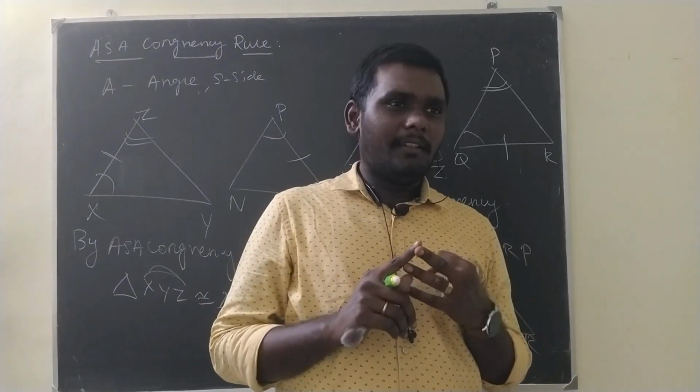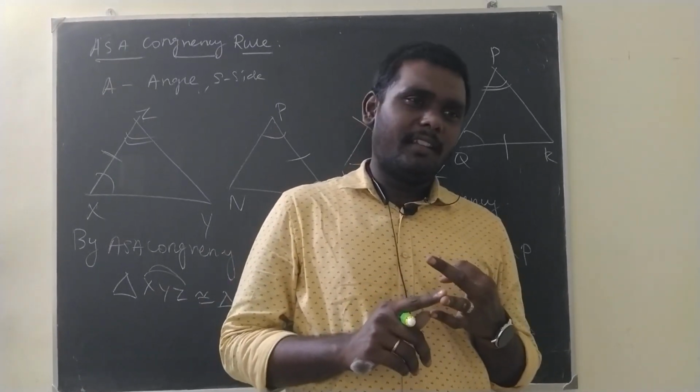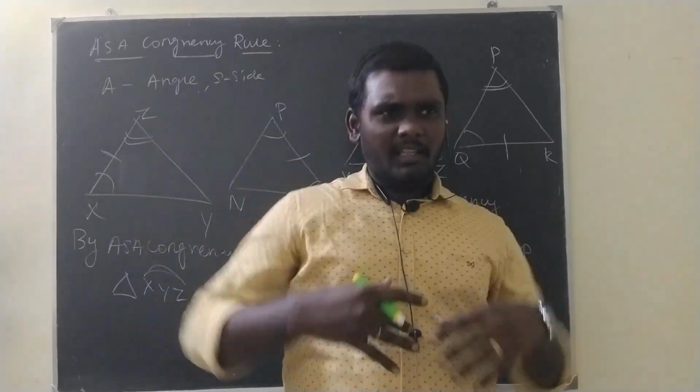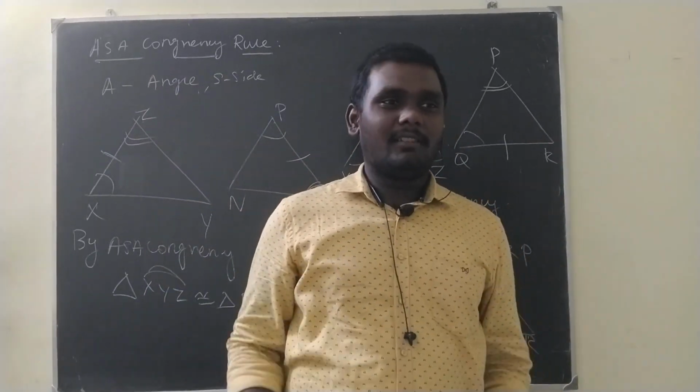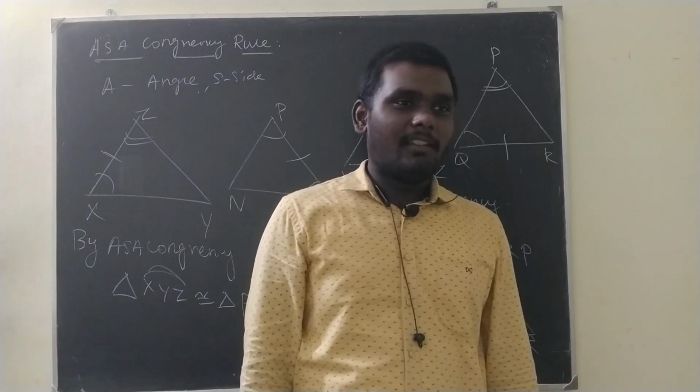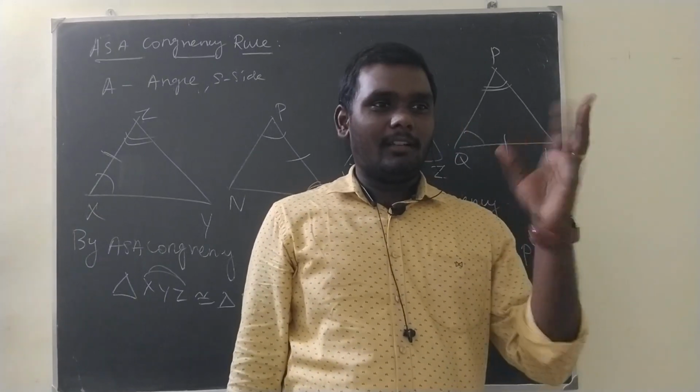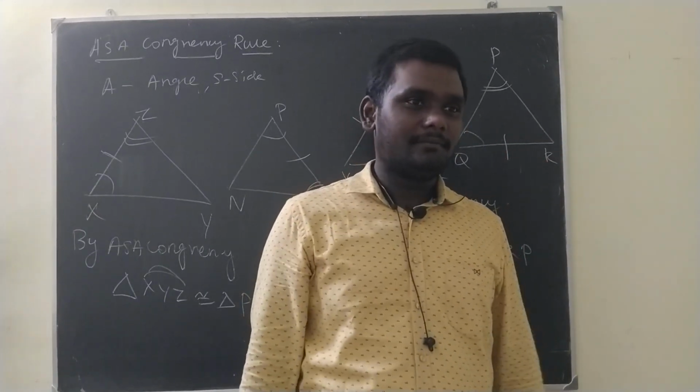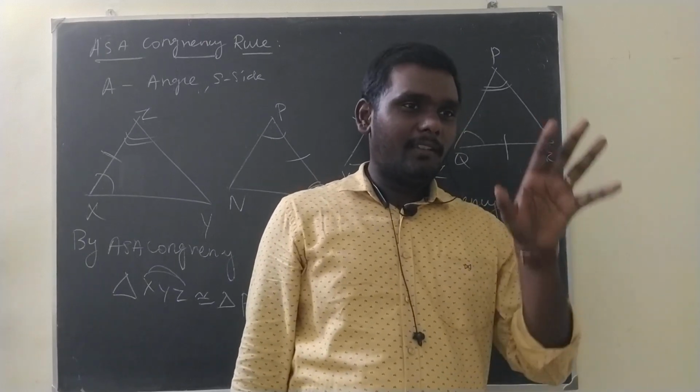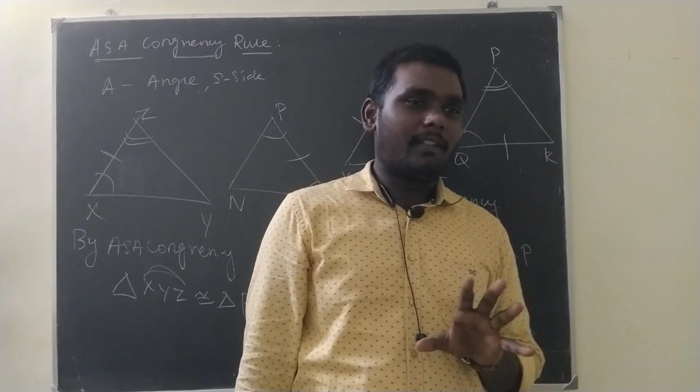Don't think that since A stands for angle and S stands for side, we can mingle everything in any combination. Like SSA, Sarva Shiksha Abhiyan, that type of congruency rule is not there. Only these three are available so far that we have seen.